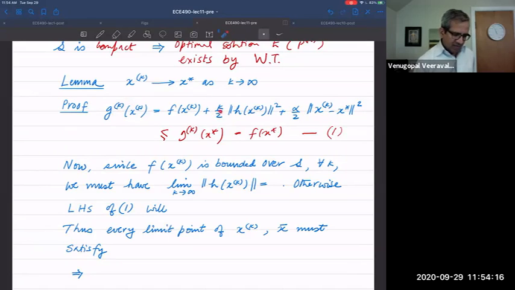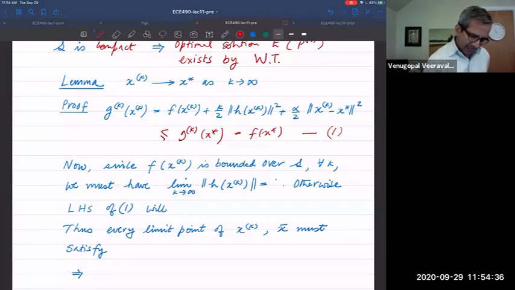But this k multiplying this term is going off to infinity. So the only way the right-hand side can remain bounded is if h of xk goes to 0 as k goes to infinity. If the norm of h of xk didn't go to 0 as k goes to infinity, the left-hand side would blow up to infinity, which cannot happen.